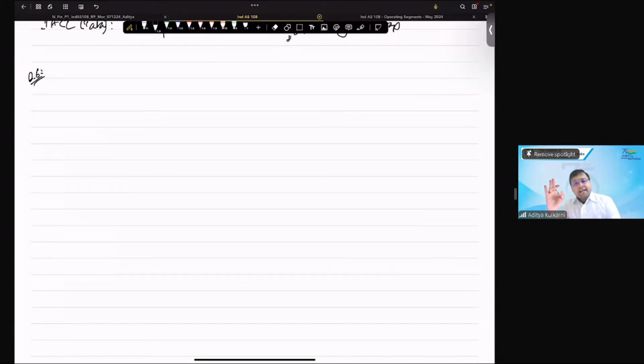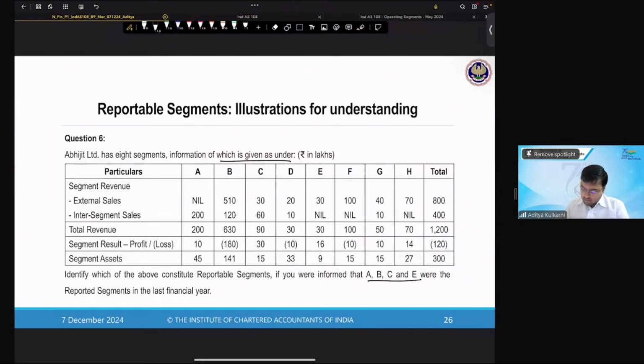The 10% criteria of revenue is based on what? External revenue, internal revenue, or both? Sir, both.